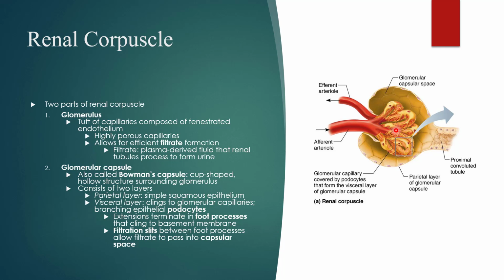And take note of the difference in the entry of the blood from a wide afferent arteriole and the exit of blood into a narrower efferent arteriole. So the afferent arteriole, the one that draws the blood into the glomerulus, has a wider lumen, and then the efferent arteriole has a narrower lumen.